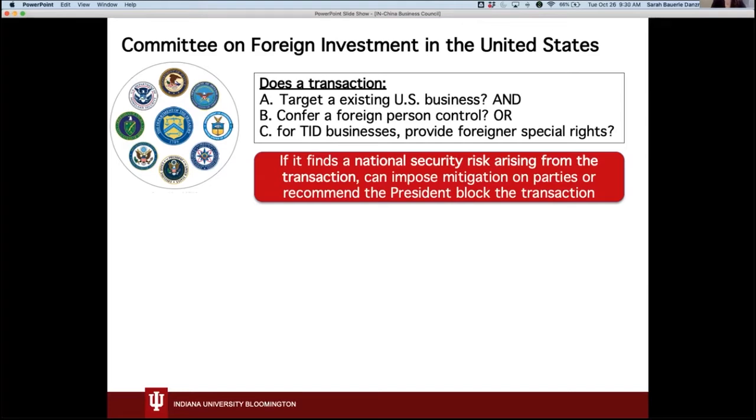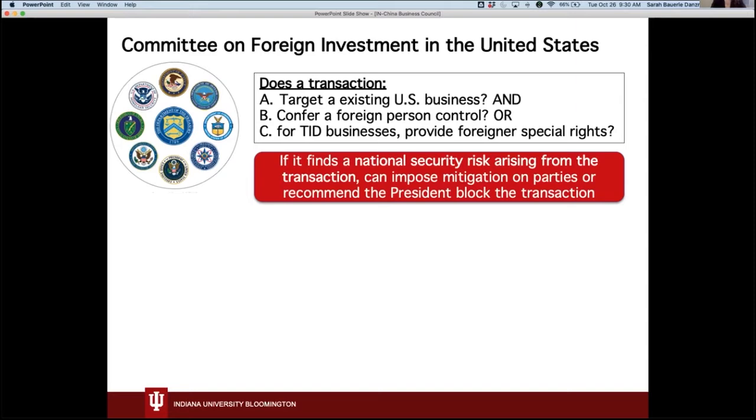CFIUS itself does not have that authority, although oftentimes firms, if they find themselves in the position where CFIUS would be referring the matter to the president, will instead decide to withdraw and abandon the transaction because in doing so, they could keep that information confidential. If it goes to a presidential determination, that becomes public knowledge. Presidential determinations are non-justiciable, meaning that parties cannot challenge the national security risk analysis that undergirds a presidential prohibition in court.